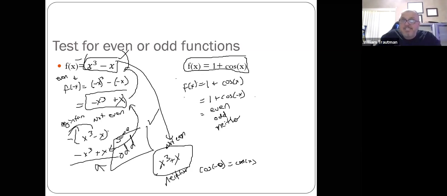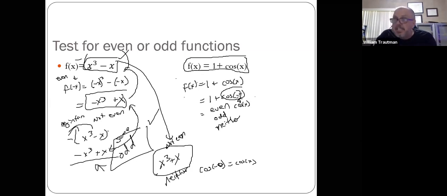What they're saying is they're the same. So cosine is an even function. So the 1 doesn't change anything. So I guess you don't have to turn it in on Monday. I wanted to know why it was an even function, because this and cosine x are the same. That's a trig identity.